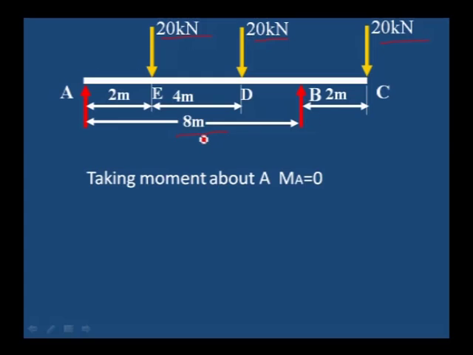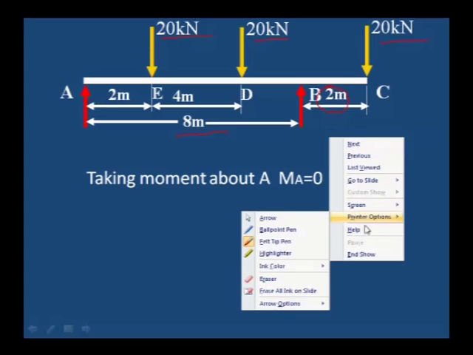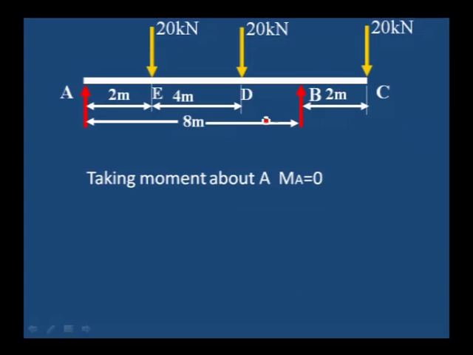A and B is 8 meter distance, the overhanging portion is 2 meter, and at the end of the beam 20 kilonewton is acting. This is a combination of a simply supported beam and a cantilever beam, so the shear force diagram and bending moment diagram will be a combination of both.